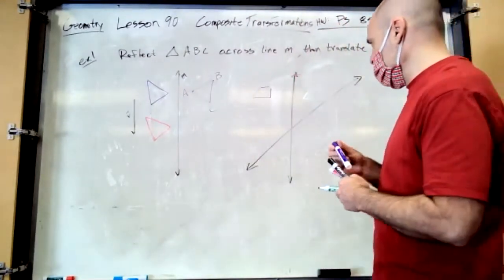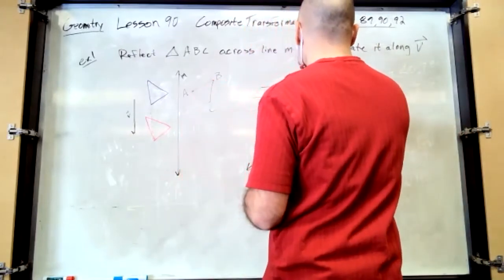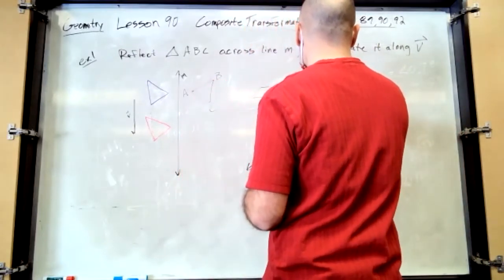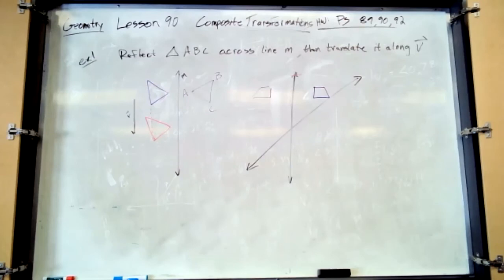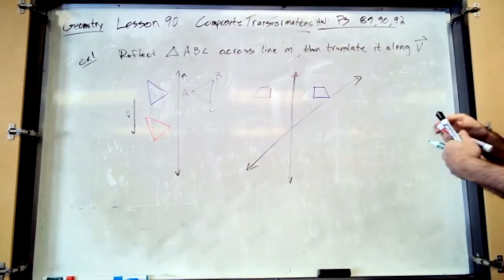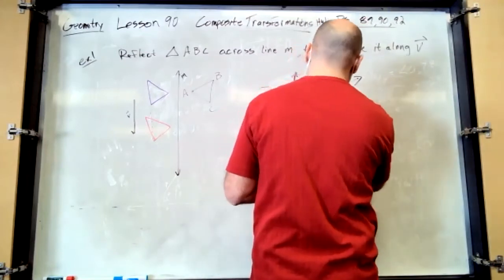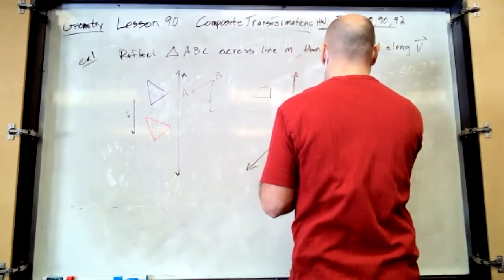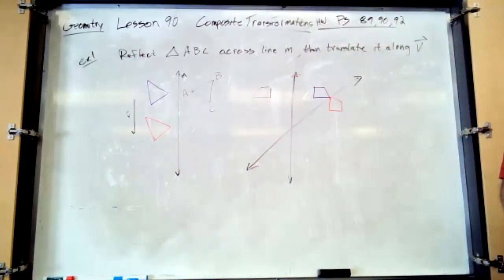We're going to do the same reflection here, right here. And it's going to end up right here, right? That's the one reflection over that one line, right? Good. Okay, now let's reflect this over this line, and it looks like this. You see that?